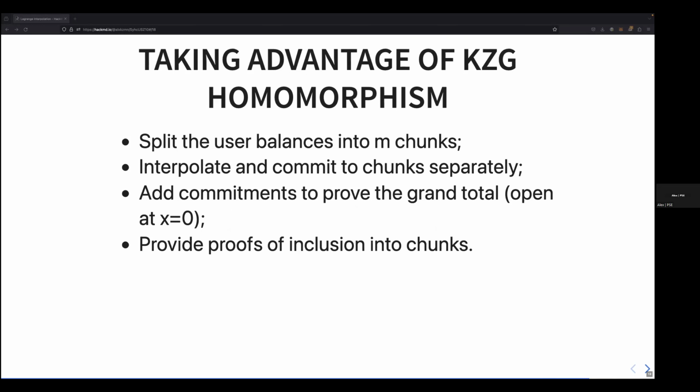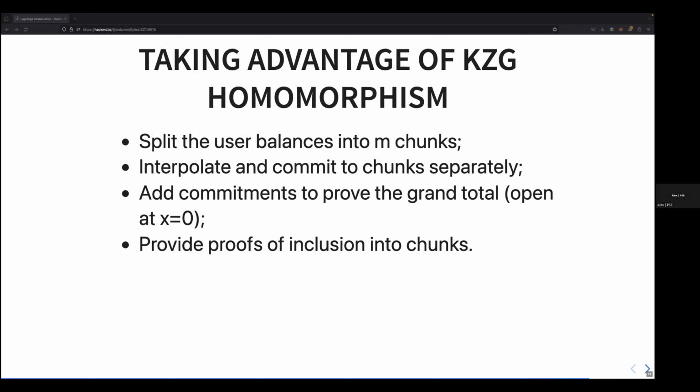First of all, we add the commitments together to imagine what the resulting huge polynomial would be, and we can prove the grand total against that resulting commitment, which is a sum of commitments of the chunks. And then we provide proofs of inclusion into individual chunks to every user.